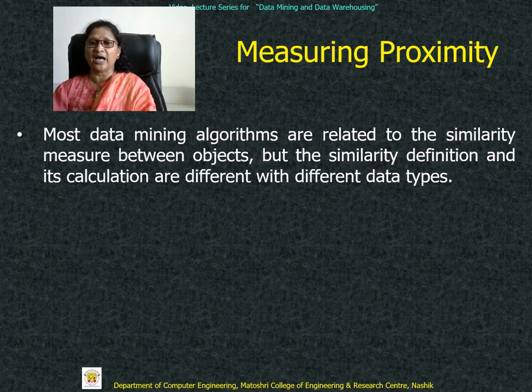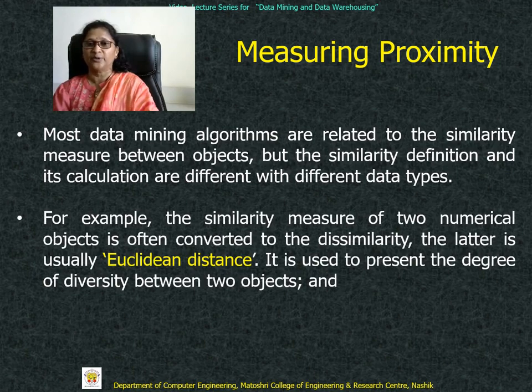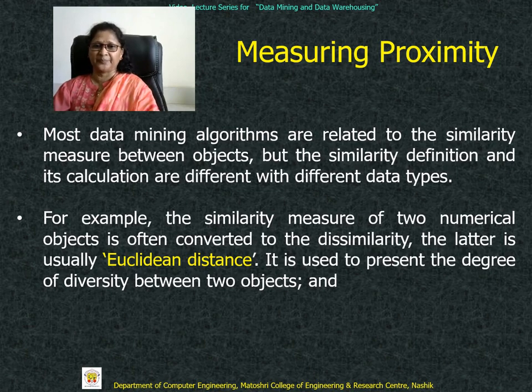Most of the data mining algorithms are related to similarity measure between objects, but similarity definition and its calculation are different for different data types. We will be using different measures for nominal, numeric data, and binary attributes. For example, similarity measure of two numerical objects is often converted to dissimilarity and is later also referred to as Euclidean distance.